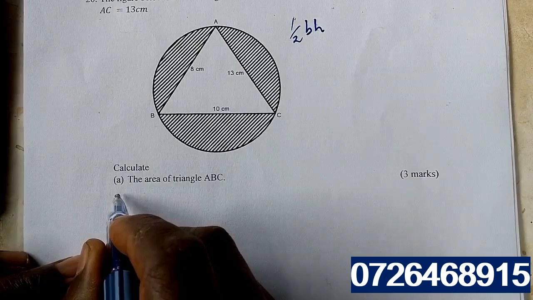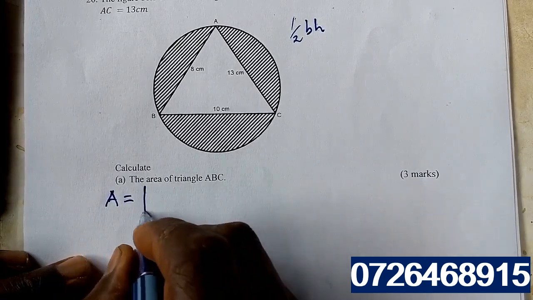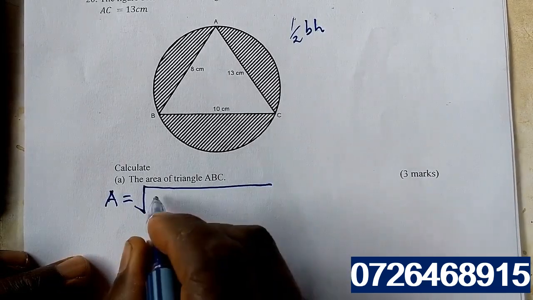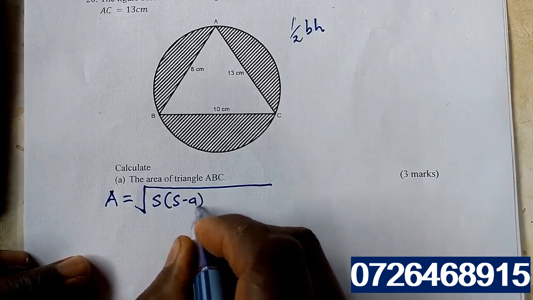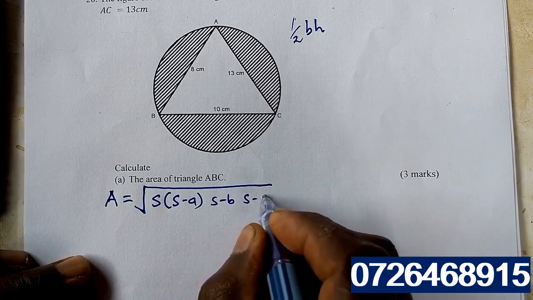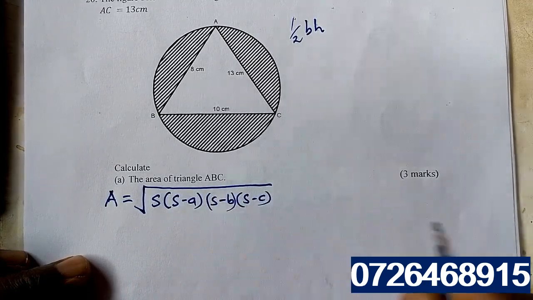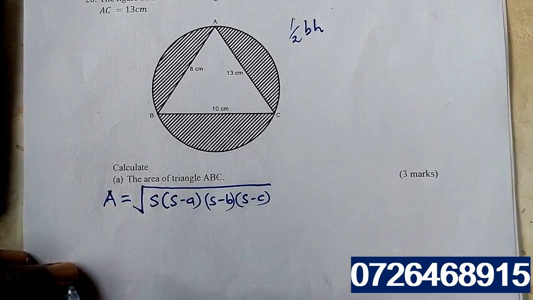says that area is equal to the square root of s into s minus a, s minus b, s minus c. Right? So that's what it says. So we want to know what s is.